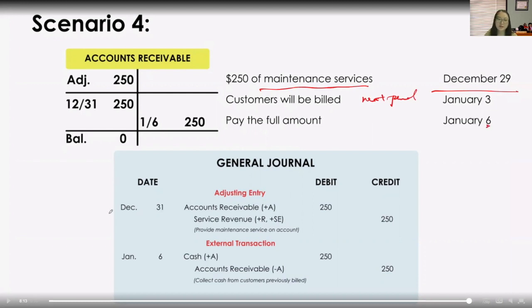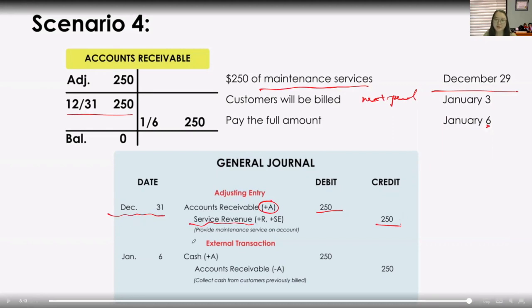So on December 31st, since we have already performed our services, we automatically increase our asset account, accounts receivable, for $250. At the same time, we recognize this revenue because all our legal obligations for earning that revenue have been performed. Hence, we record $250 as revenue for the current period.